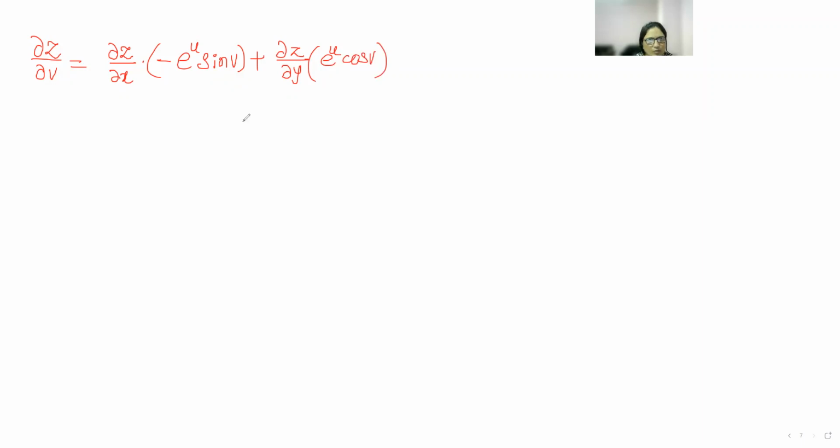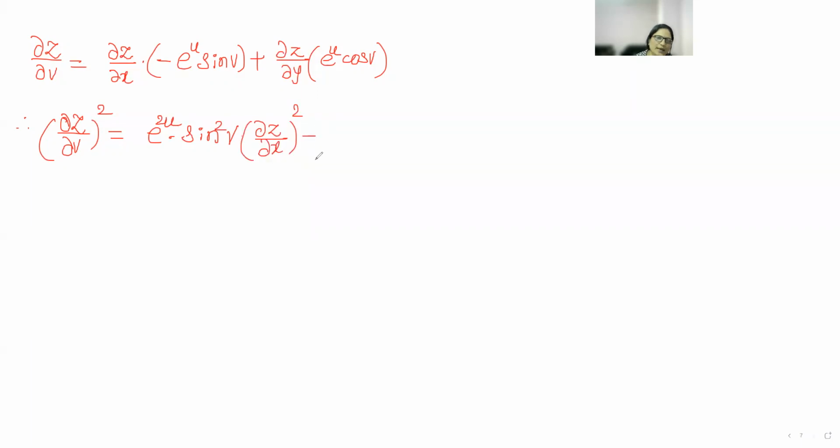Okay, squaring on both sides. By taking the square on both sides, dou z by dou v bracket square is equal to a square plus 2ab plus b square. A square is e raised to 2u into sin square v into dou z by dou x bracket square.